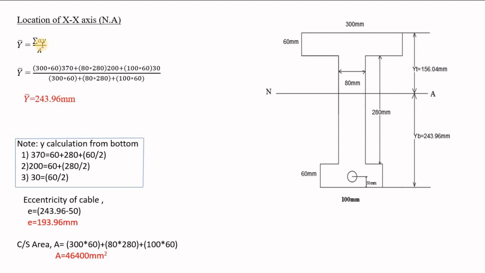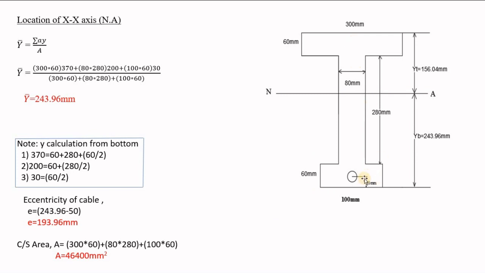So the calculation is like this: sigma A y, where A is the area of the first element, that is 300 into 60, and then y is 370. How did we get this 370? Please check the note here, I have written the calculation. Let's start the calculation from the bottom. Y is nothing but the centroid of this element.